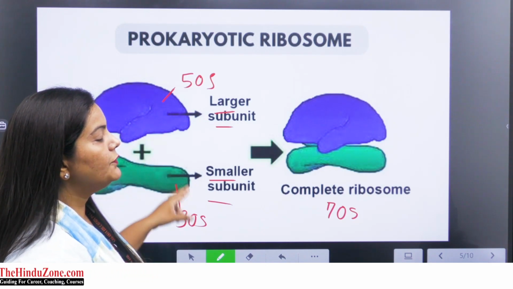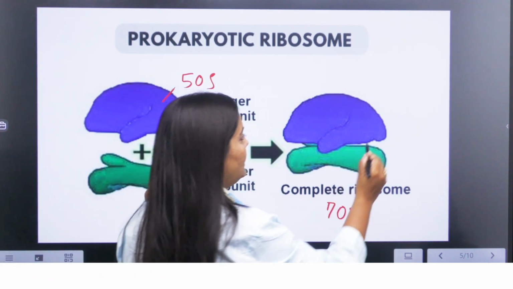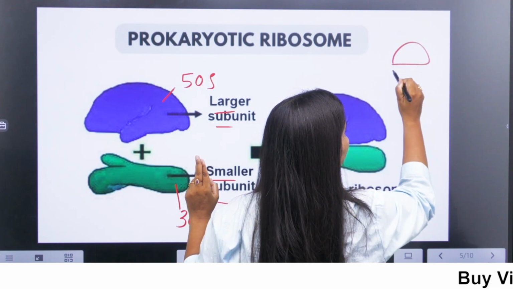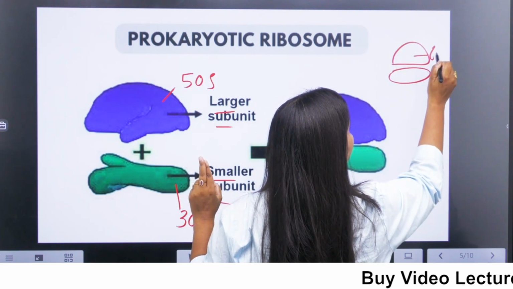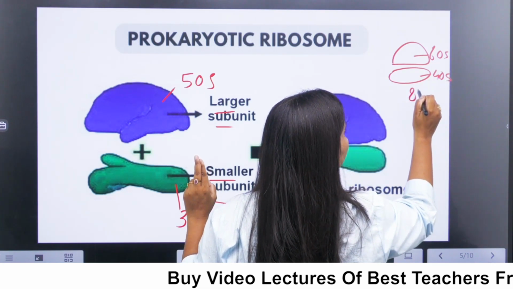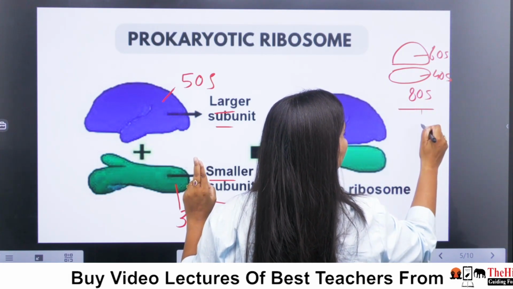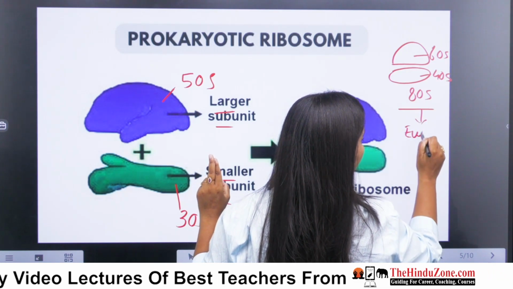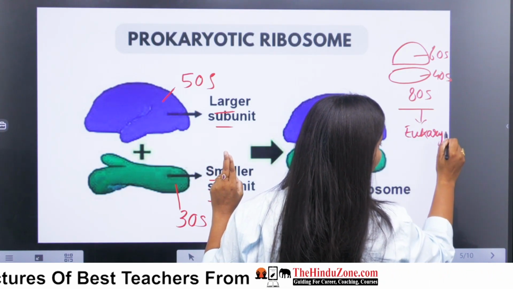But in a eukaryotic cell, the two subunits are 60S and 40S, and overall it is an 80S ribosome in a eukaryote. I hope that this point is clear.